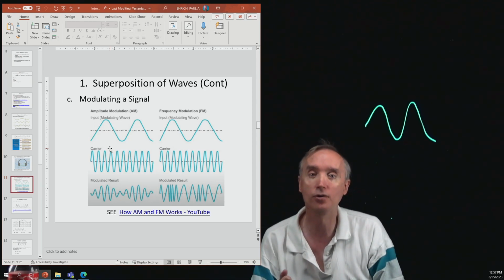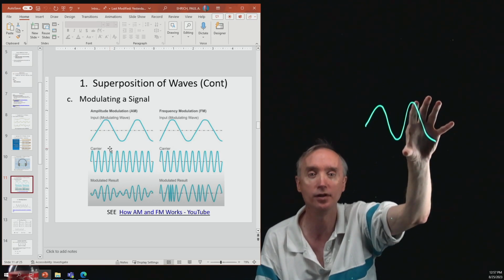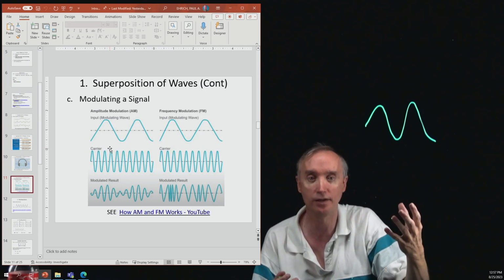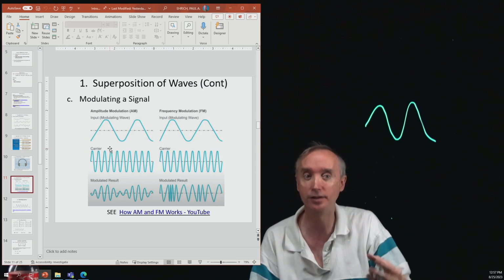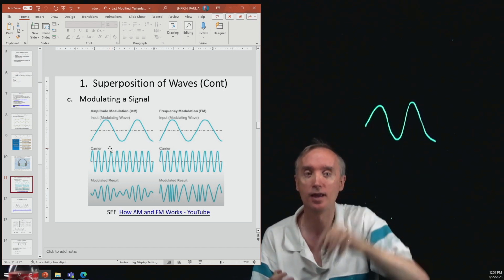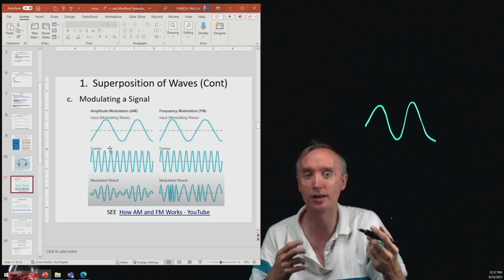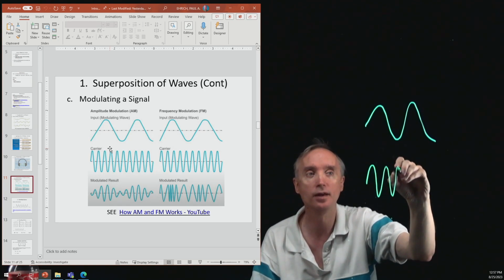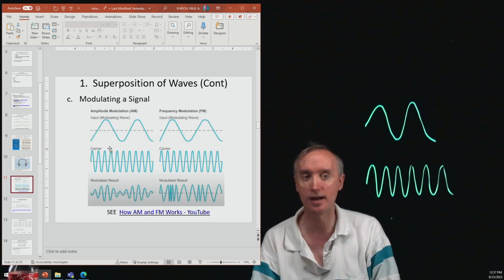All right, then you're going to have, in addition to this wave here, which is the one that's going to be modulated, you need a carrier wave. So the carrier wave is going to carry this wave. And so now this one, in this picture over here, we're first going to be talking about AM signals. So that is going to be a thing that's, let's say, it's going to have a frequency that looks like that.